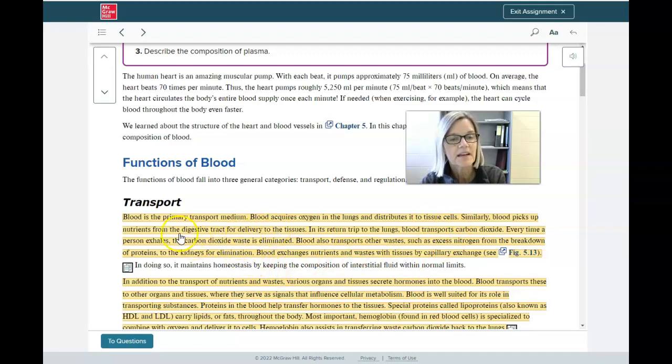The blood is picking up nutrients from the digestive system, and oxygen from the lungs, and carrying those things throughout the body. Remember, we talked about aerobic cellular respiration, where our cells need food, they need glucose, they need oxygen in order to make energy. And so the blood is critical in delivering those things to cells.